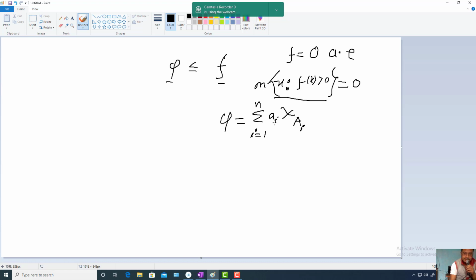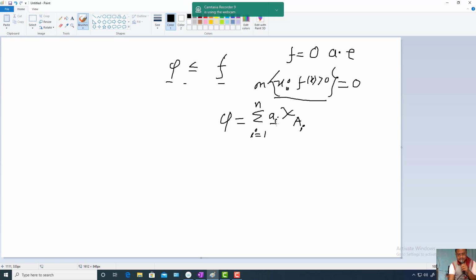Wherever the function is not equal to 0, its measure is equal to 0. So phi being less than or equal to f, whenever a_i is not equal to 0, the measure of the set A_i must be 0, because phi is less than or equal to f and f is equal to 0 almost everywhere. So wherever the function is not equal to 0, its measure should be 0. Phi is less than f means what?